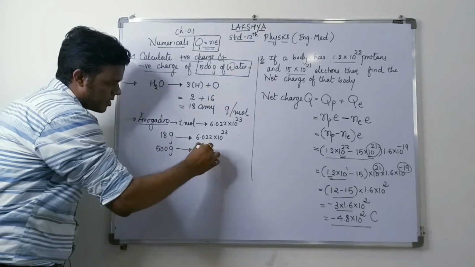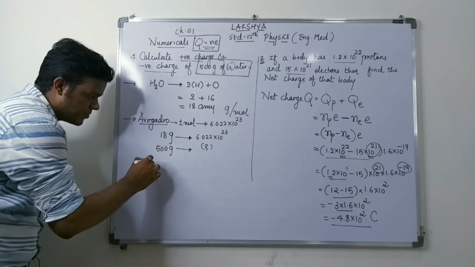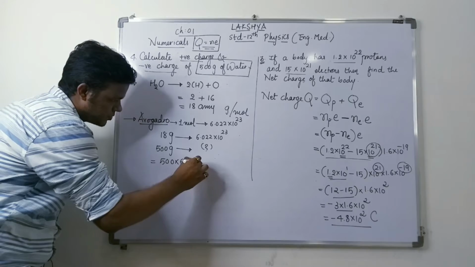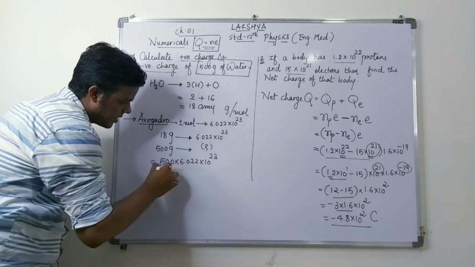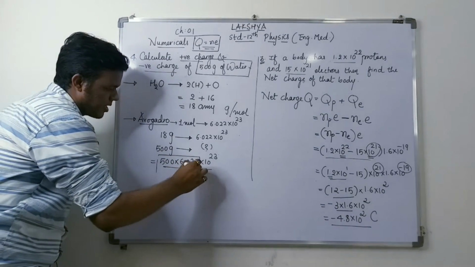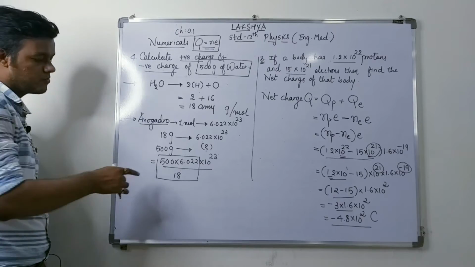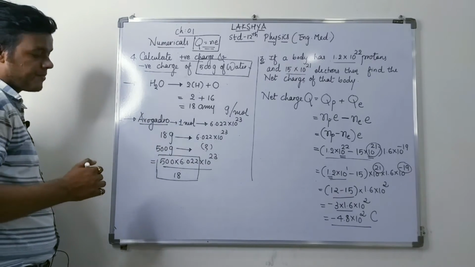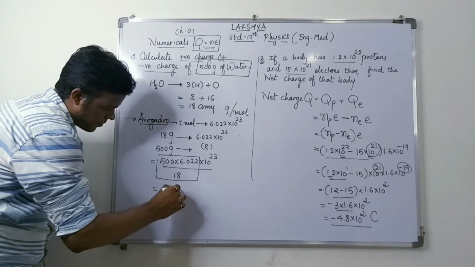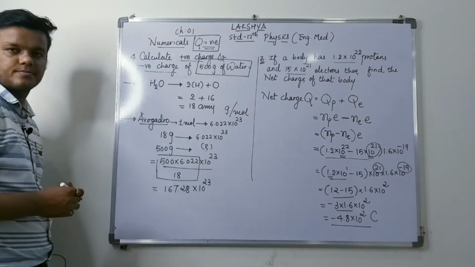And we have 500 gram of water. Then how many molecules does it have? So we will do the calculation. 500 into 6.022 into 10 raised to 23 divided by 18. We will do this calculation with the help of a calculator. 500 into 6.022 by 18 is 167.28. So 167.28 into 10 raised to 23.